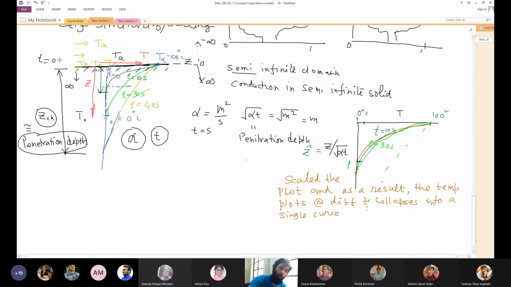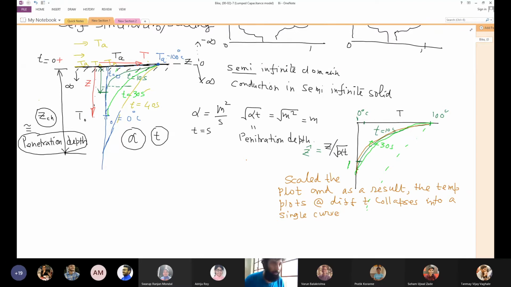If you talk about experimental data, it approximately collapses, but if you talk about the differential equation, because this behavior occurs in the system, all these plots collapse exactly to a single curve.